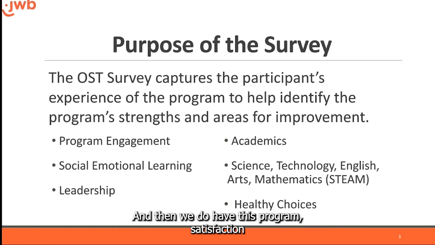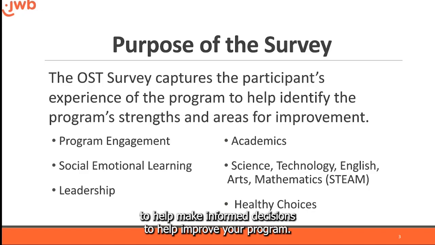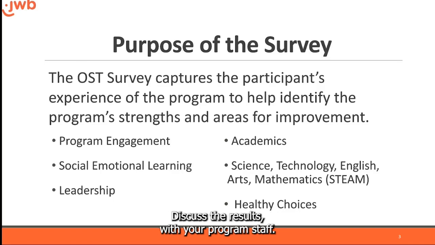We do have this program satisfaction listed as a performance measure in your program's contract. We also hope that your program can use the data yourself to help make informed decisions, to help improve your program, and discuss the results with your program staff.